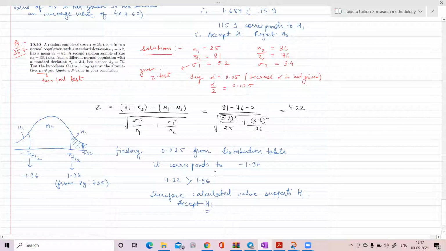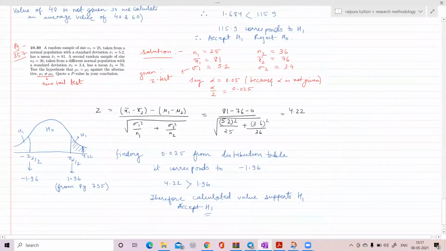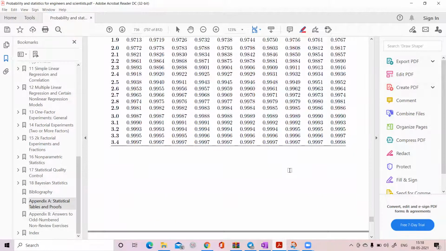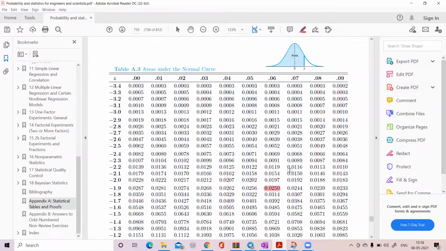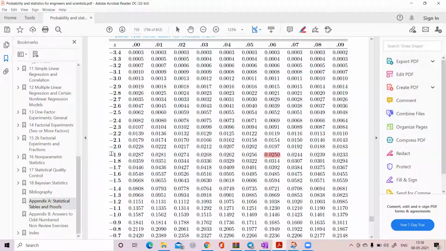Now what we are going to do is see which value corresponds to 0.025. On page number 735, we see that the value 0.025 belongs to minus 1.9 and 0.06.